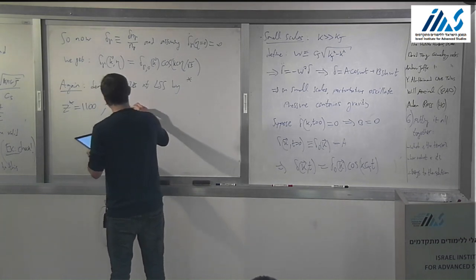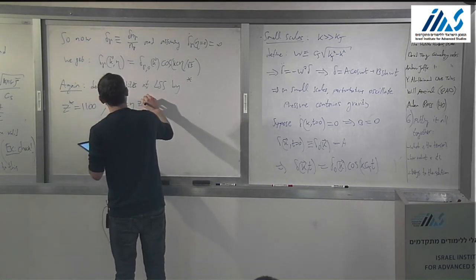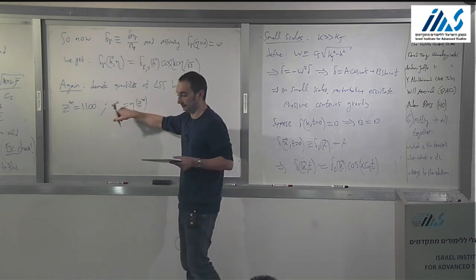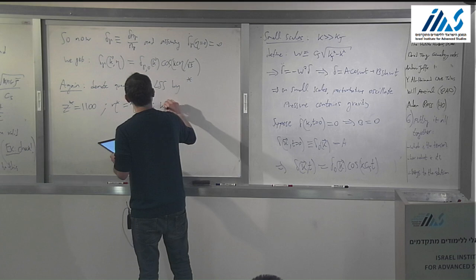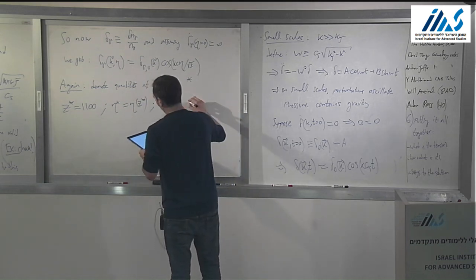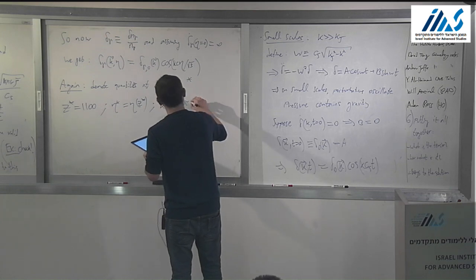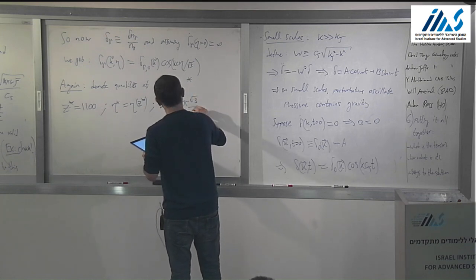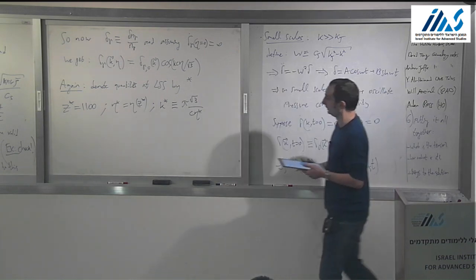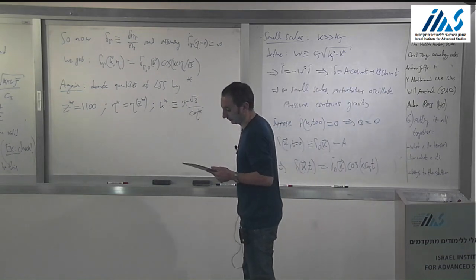Conformal time at this redshift is the conformal time at the last scattering surface, and the wave number at the last scattering surface is given by this. Or I define this quantity. It's useful to define.